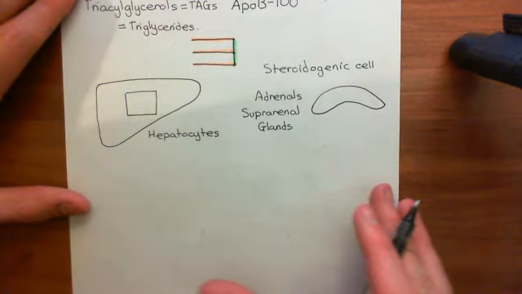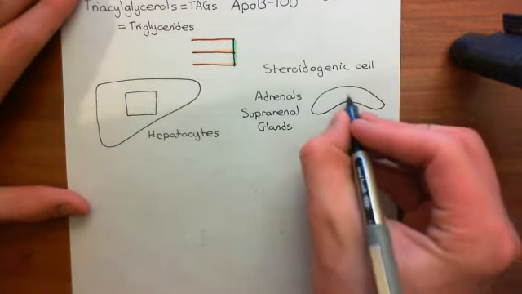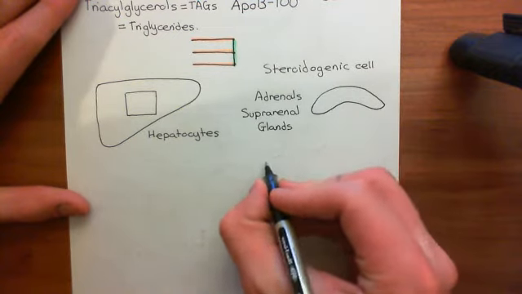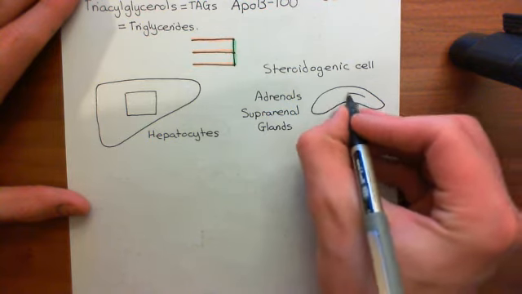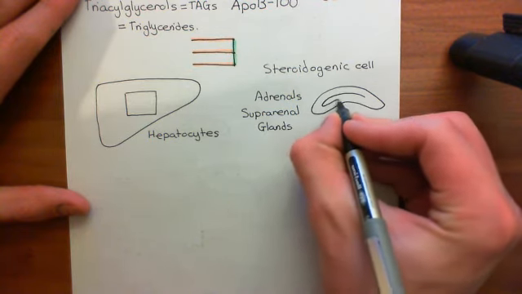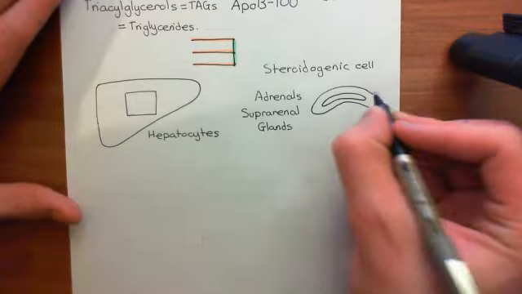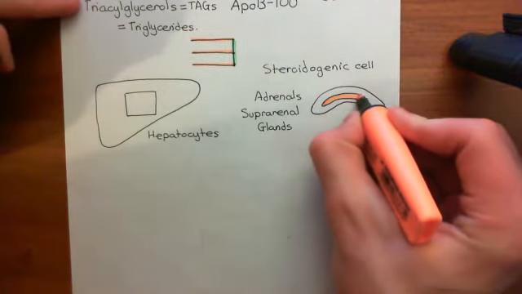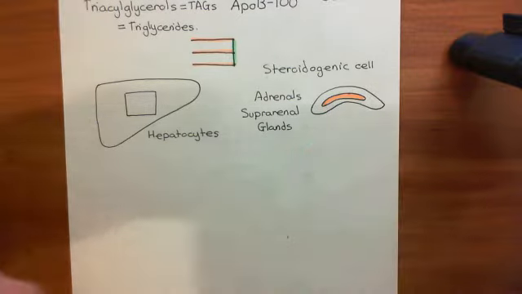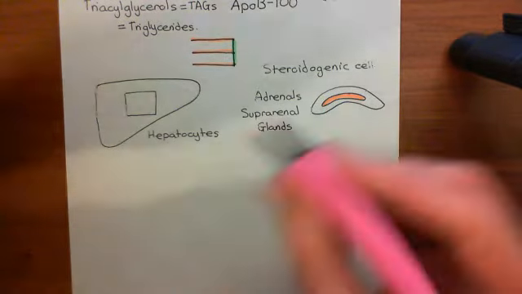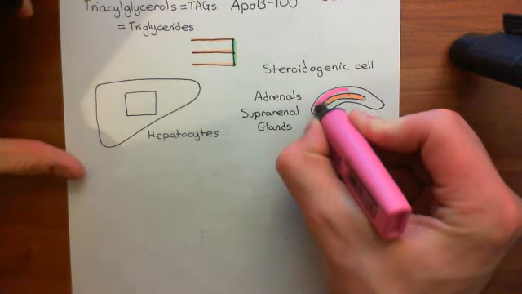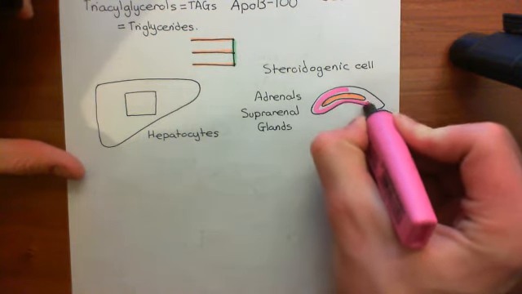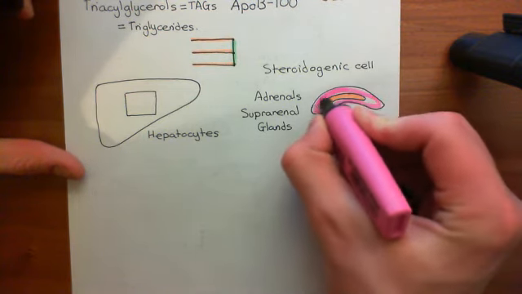Basically, adrenal glands can be divided up into two main portions. There is the medulla of the adrenal gland, which is the middle portion, and I'll colour this in orange here. This orange portion represents the medulla, and then there is the outer portion, which I'll colour in purple here, which is the cortex of the adrenal gland.